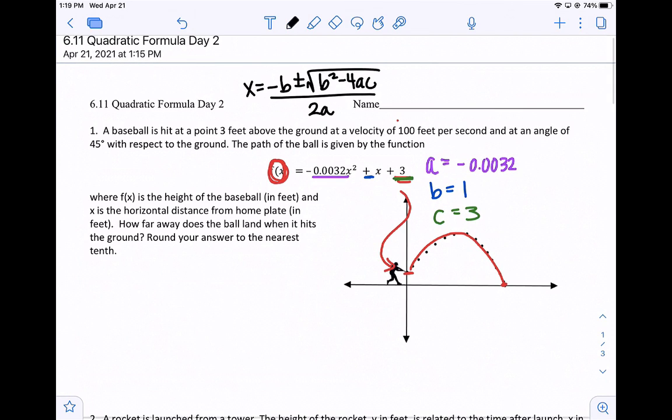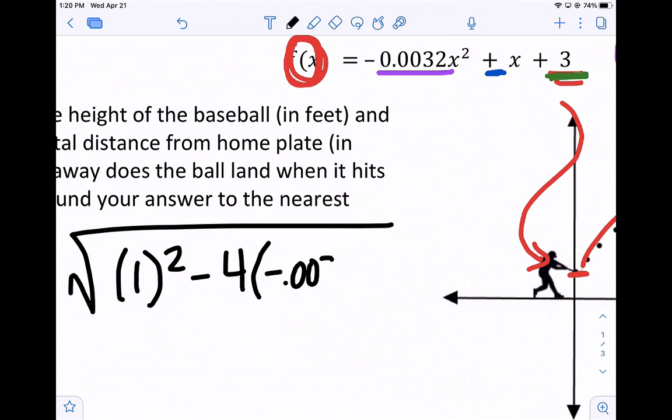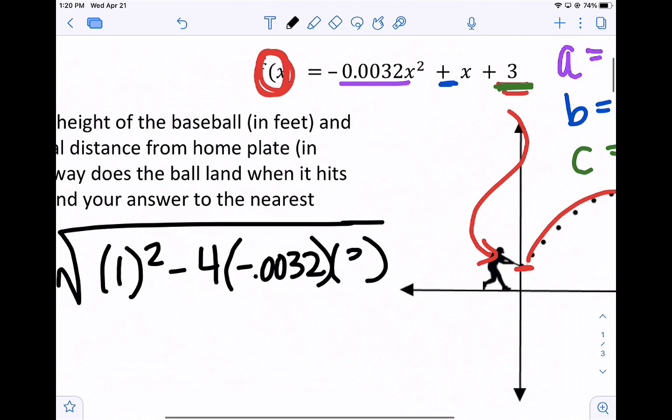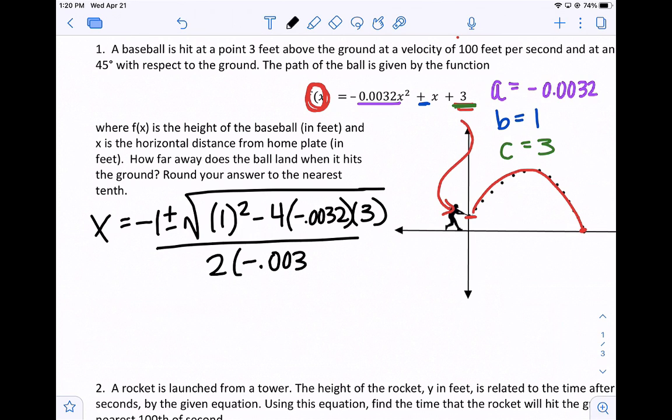So x equals opposite of b, which is negative 1, plus or minus the square root of 1 squared minus 4 times a, which is negative 0.0032, times our c value, which is 3. Notice everywhere I'm plugging in, I'm putting parentheses under the radical, all over 2a. And again, a was negative 0.0032.